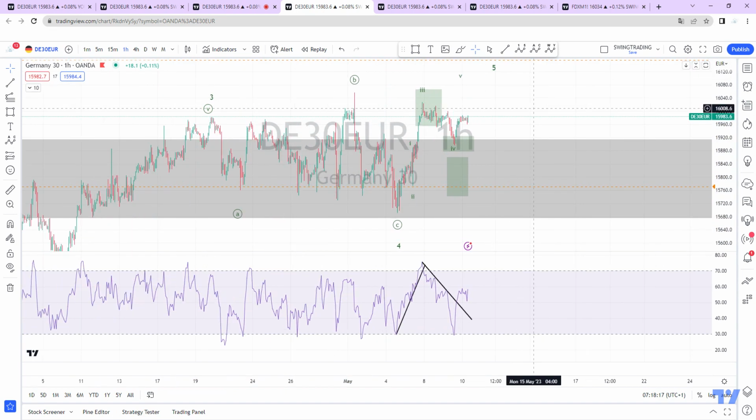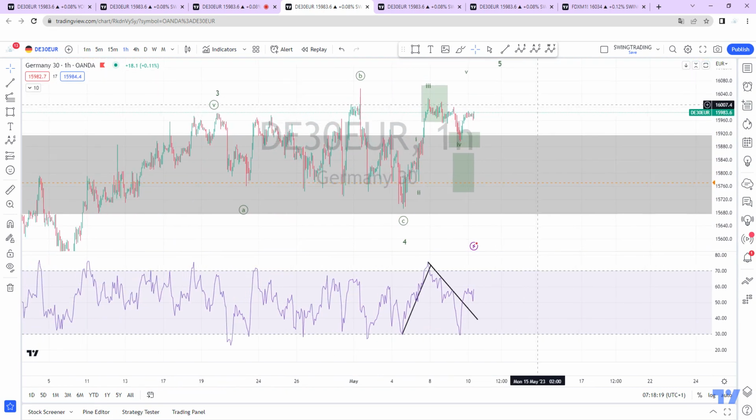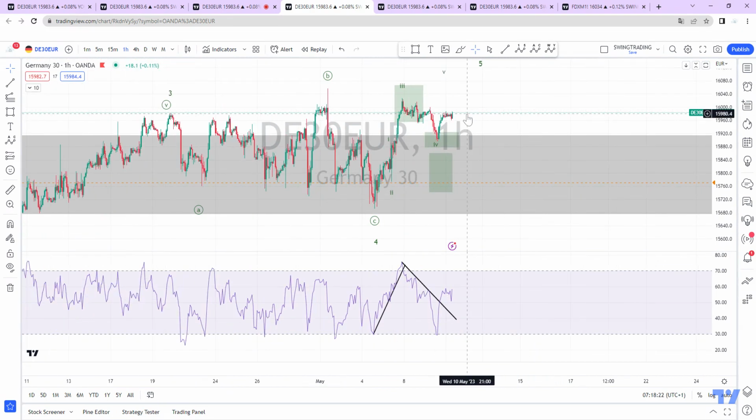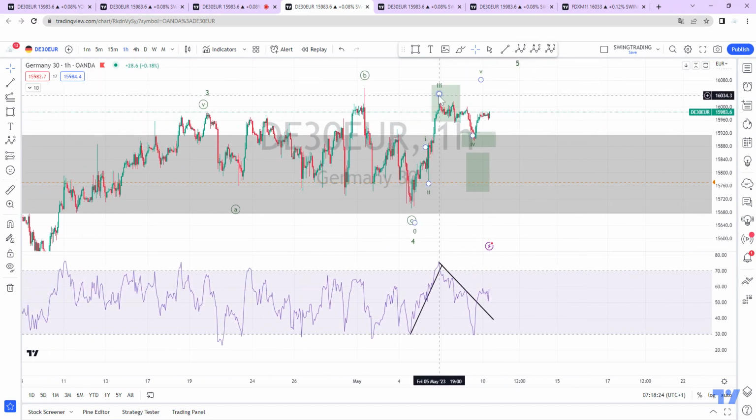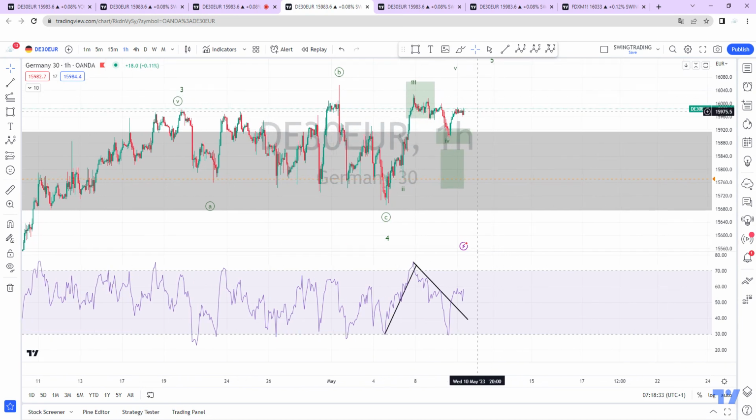Okay, so what could happen in the lower time frame? I think indeed our wave 3 is in here. So we have 1, 2, and then here a 3, and now we are doing a wave 4. Yesterday I explained that this was a good area to go long, to initiate a long position, and indeed the DAX futures reacted from this area.